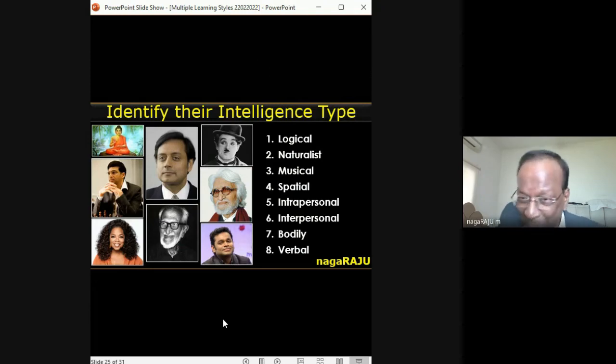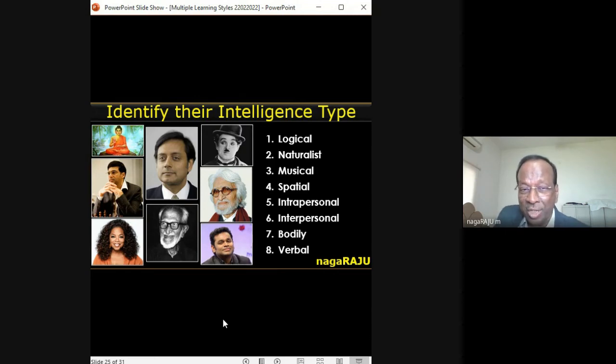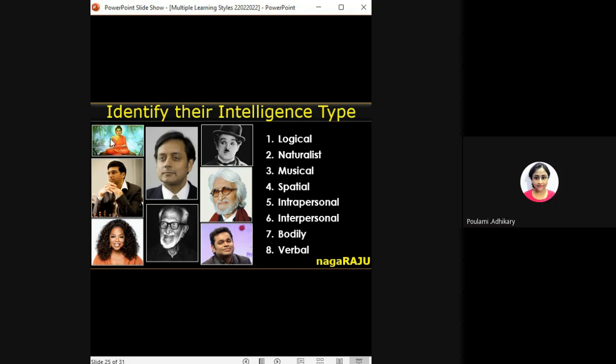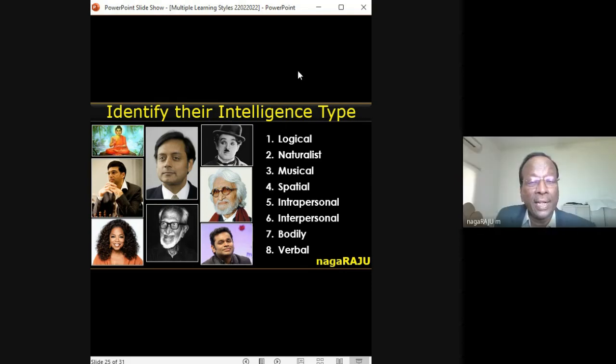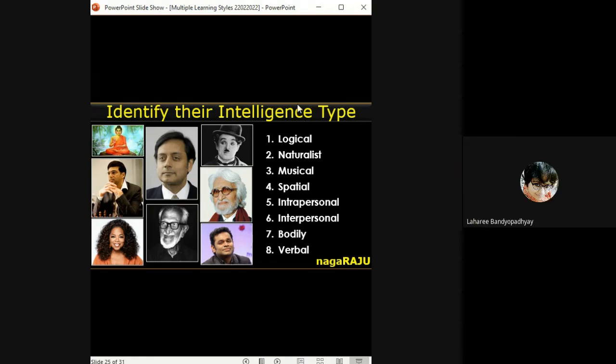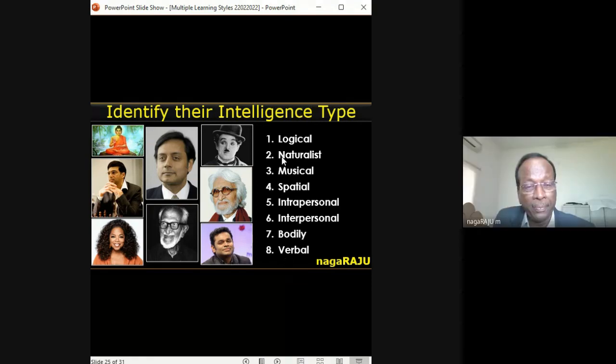Now I have a quiz for you. Please take a look at the screen. There are 8 pictures and 8 intelligence types on the right side. You have to tell me which is which. The first is this picture. I think you know this picture where my cursor is. Who is this? Gautam Buddha. What was his intelligence? Naturalist. Okay.